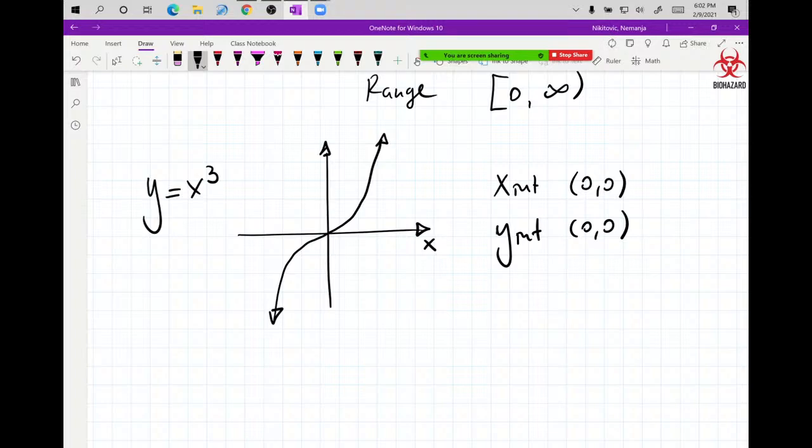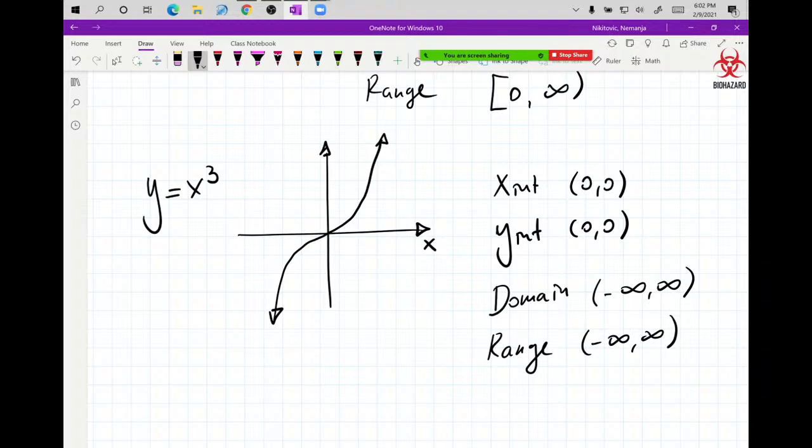You are also going to have the domain: you can plug in anything, negative infinity to positive infinity. And our range is also negative infinity to positive infinity because it takes on all of the values for y as well, not just for x, but for y as well. So you can plug in any number and get the appropriate right answer when you cube that number.